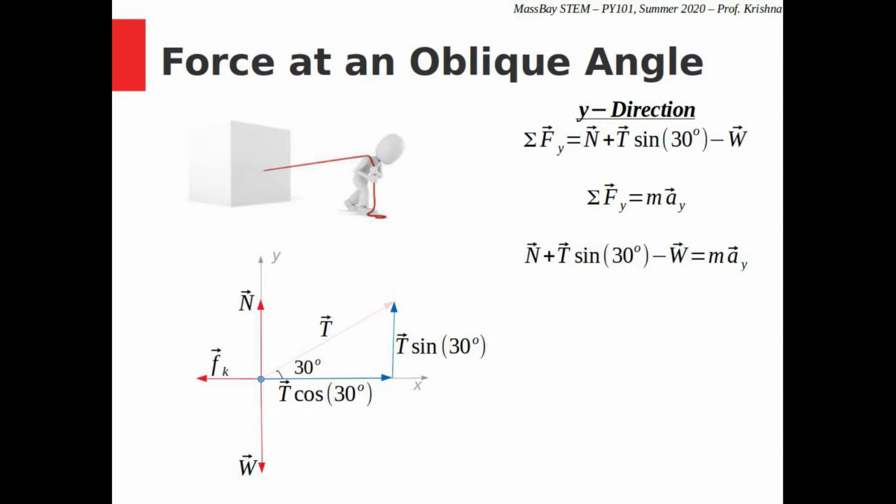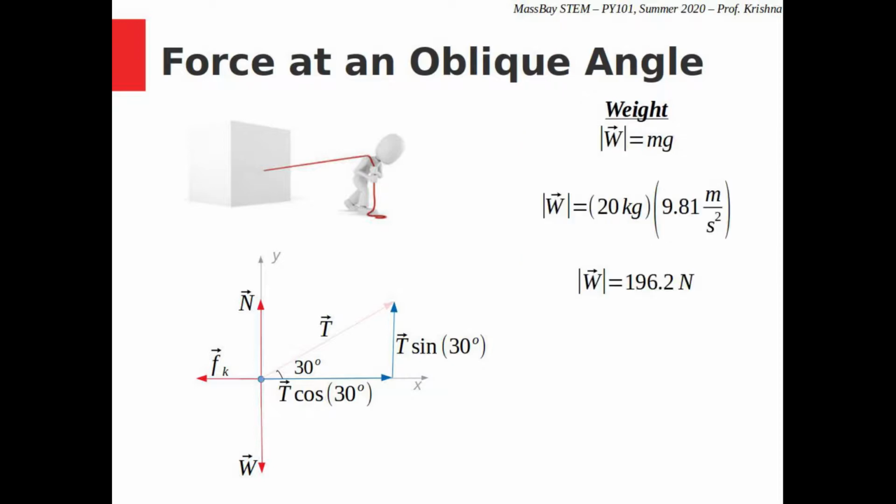Let's write out the force balance in the y direction. There are now two forces pointed up, the normal force and the vertical component of tension, T sine 30. And there's one force pointed down, weight. We can substitute these into Newton's second law. We first need to find the weight.